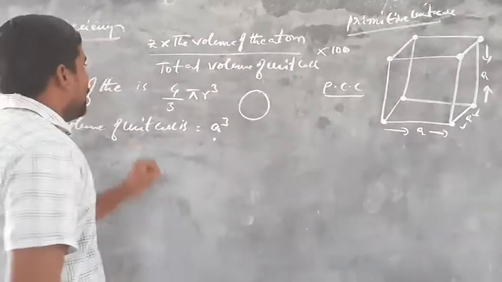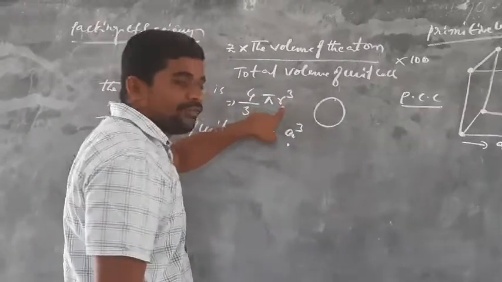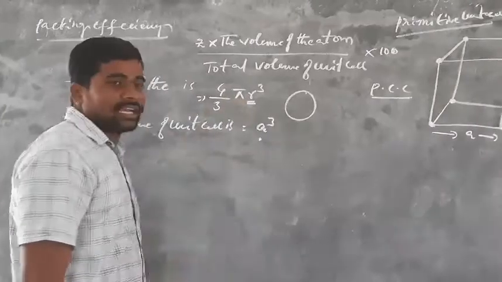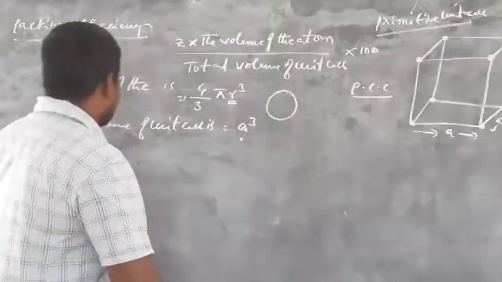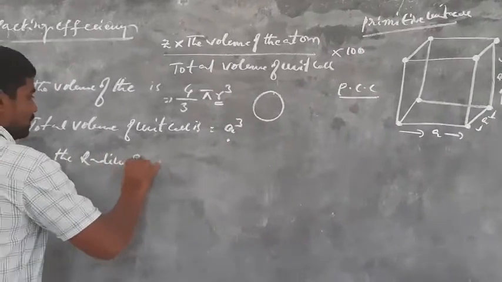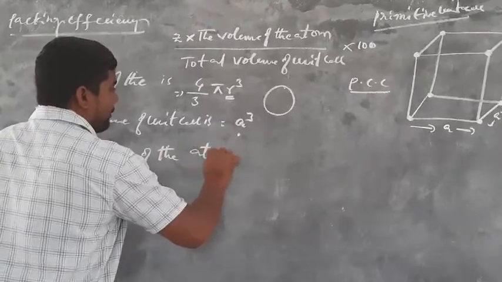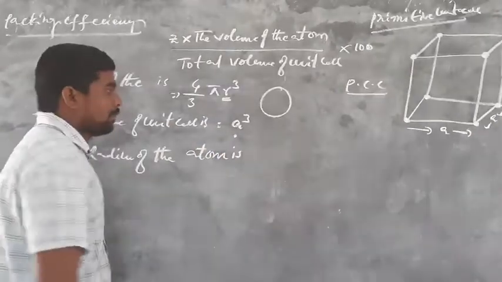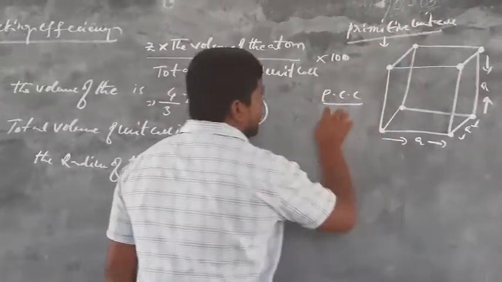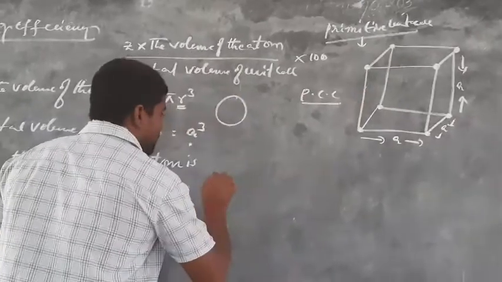Okay students, now we discuss. First of all we find the value of r. What is r? r means the radius of the sphere-like atom. Suppose you have taken the primitive unit cell, like PCC.